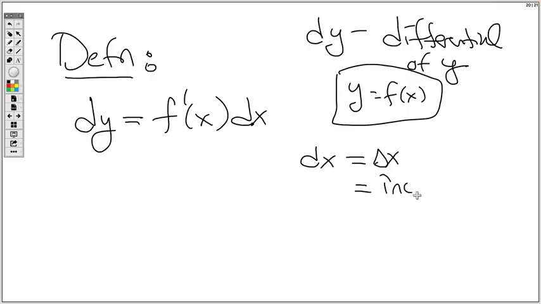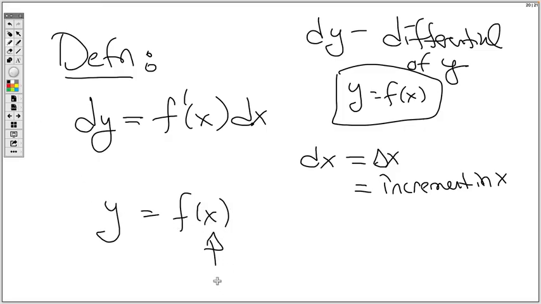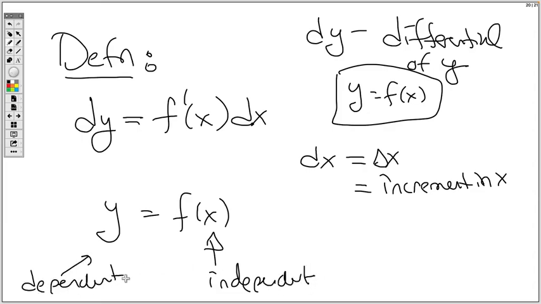This is called the increment in x, because x, once again, is the independent variable. So in the expression y equals f of x, x is the independent variable, y is the dependent variable. And so in this section, that's what the dx stands for. It's really no different than the delta x.